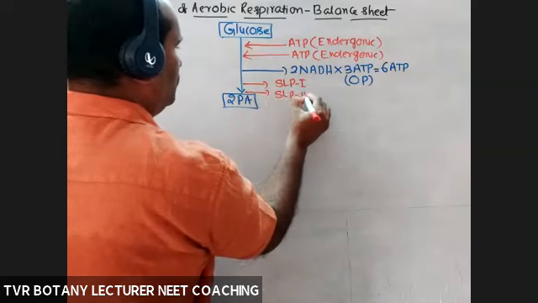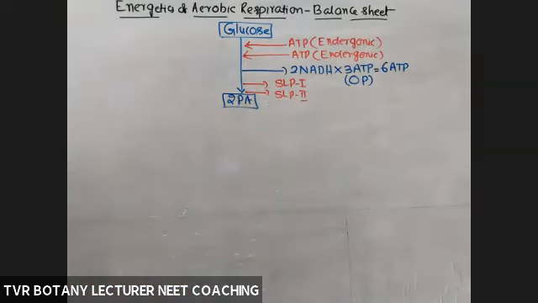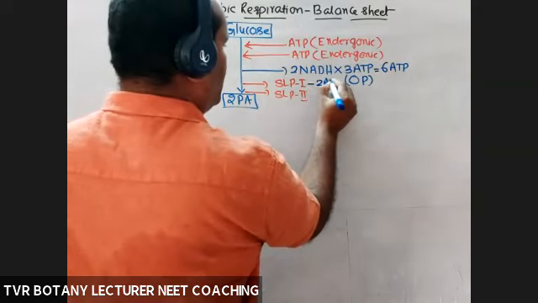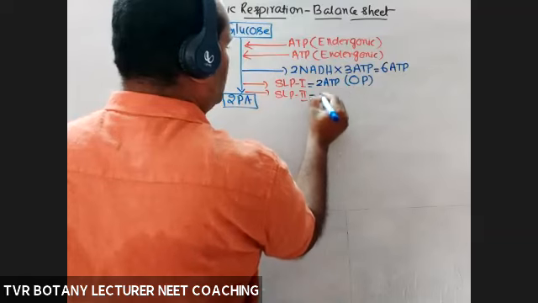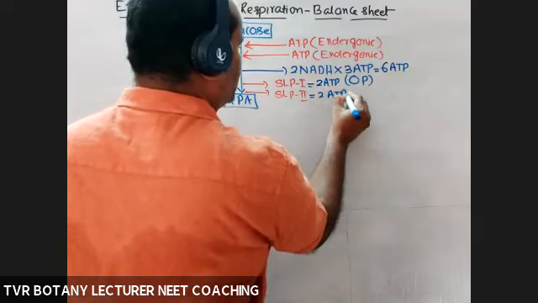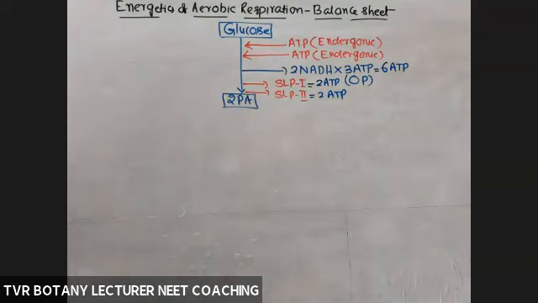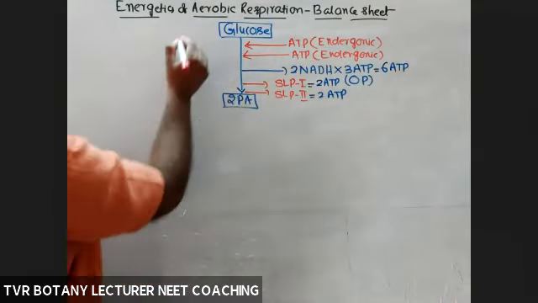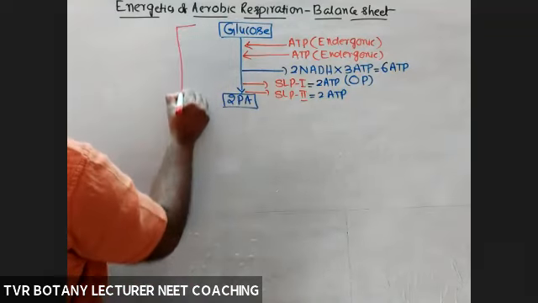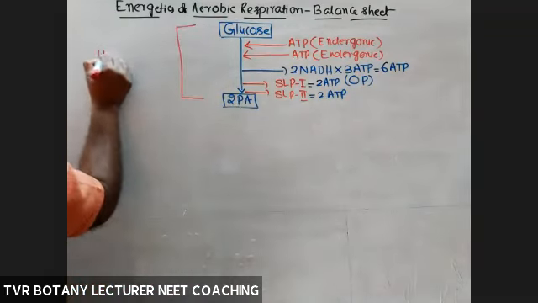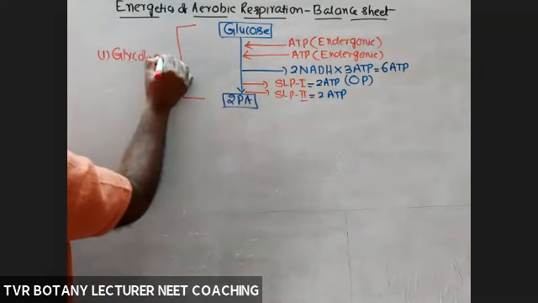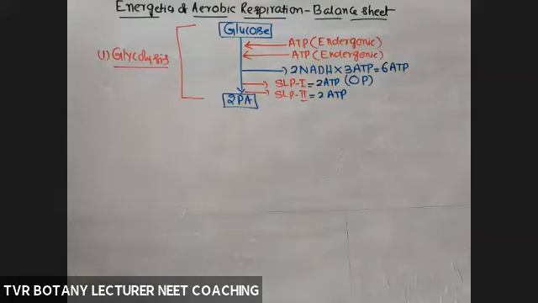SLP2. Okay, so from this one, how many ATP molecules? 2 ATP molecules. Okay, next. So this part is glycolysis. Glycolysis. Is it visible? Any objection?